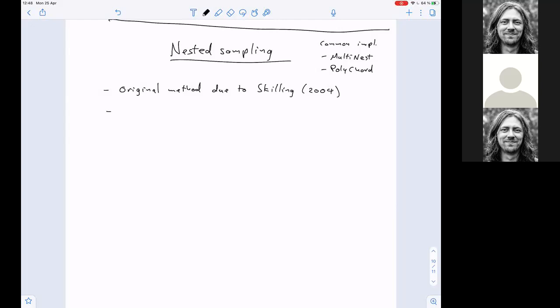And it's primarily a method to obtain the Bayesian evidence, what we call Z, and we get posterior samples as, let's call it, the byproduct.